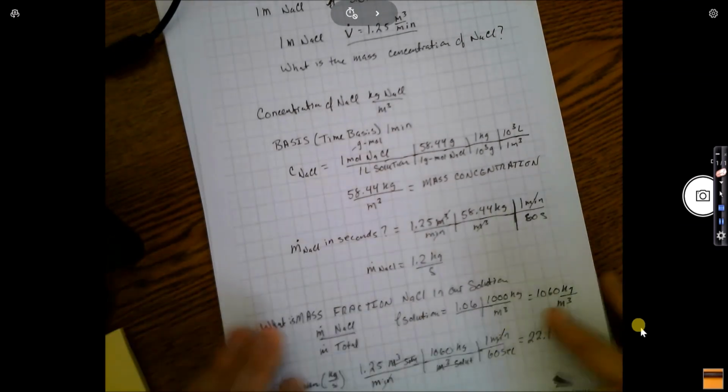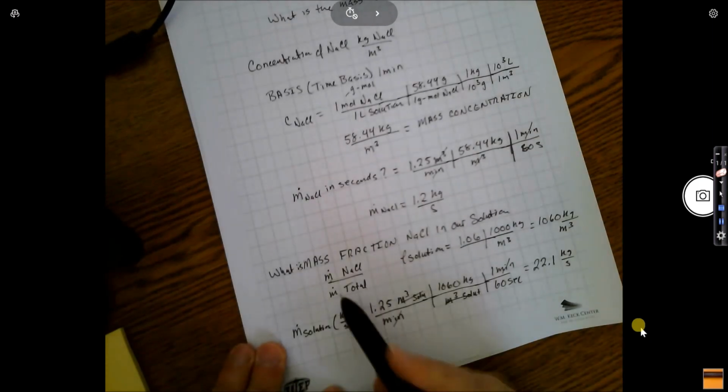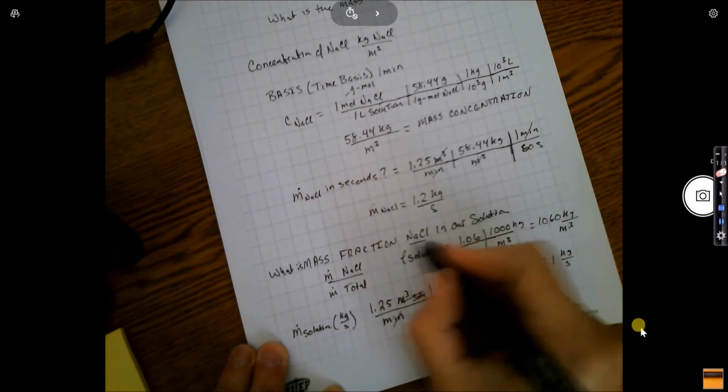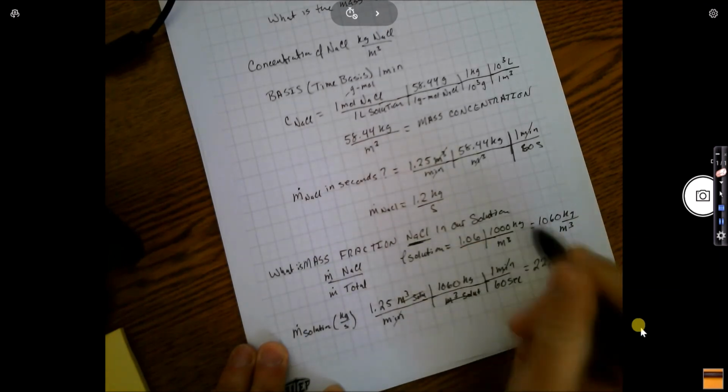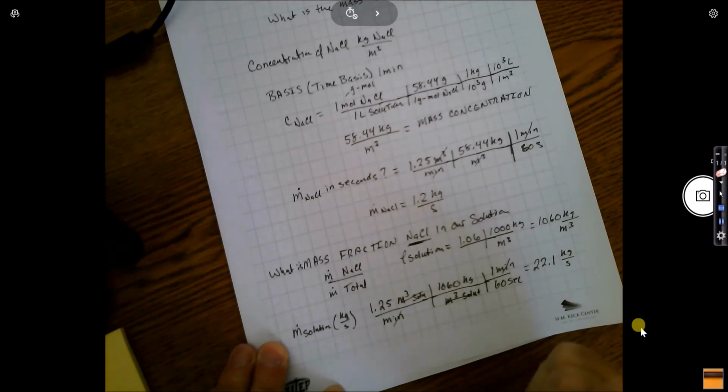So up here, we said the mass fraction of our solution would be the ratio. What is the mass fraction of sodium chloride in our solution? Seconds are going to cancel, so all the units will cancel, and we're going to end up with a nice ratio.